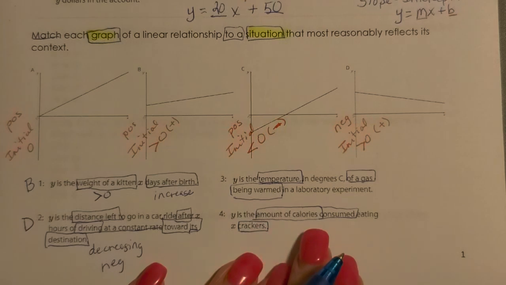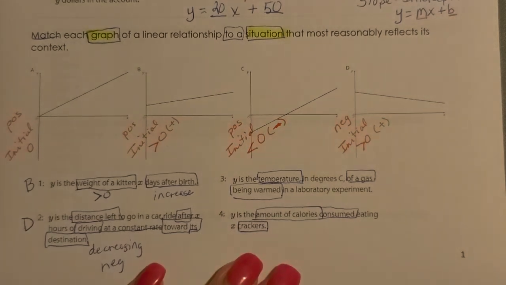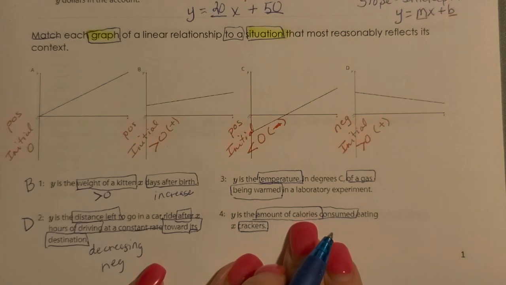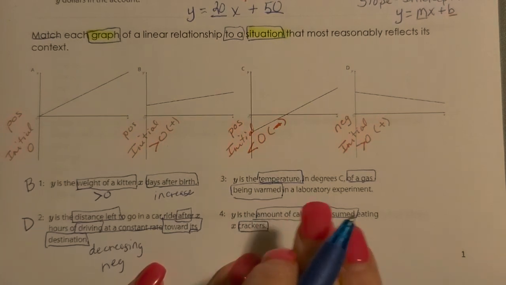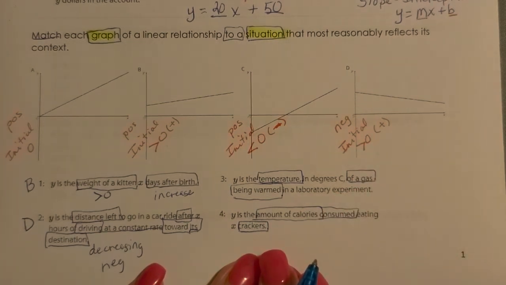Y is the amount of calories consumed that you've eaten after eating X crackers. Well, can you start off having not had any calories eaten? Is it possible to have no calories eaten? Is it possible to have negative calories eaten? Well, it's not possible to have negative calories eaten.